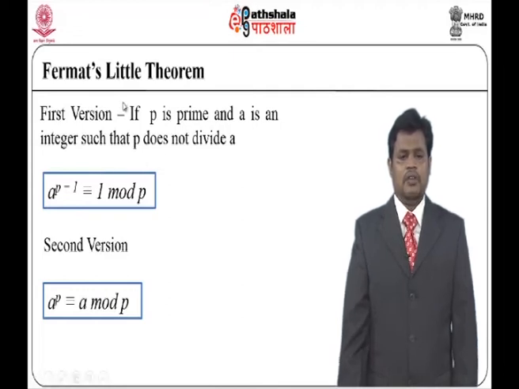So here the Fermat Little theorem states that if p is a prime and a is an integer such that p does not divide a.